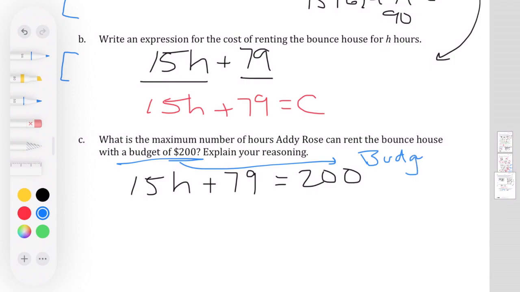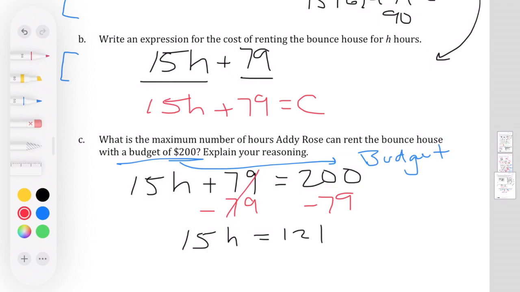Now, we don't have parentheses, so we could go ahead and add or subtract. We're adding 79, so the opposite is to subtract 79 from both sides. And then we get 15h equals 121.